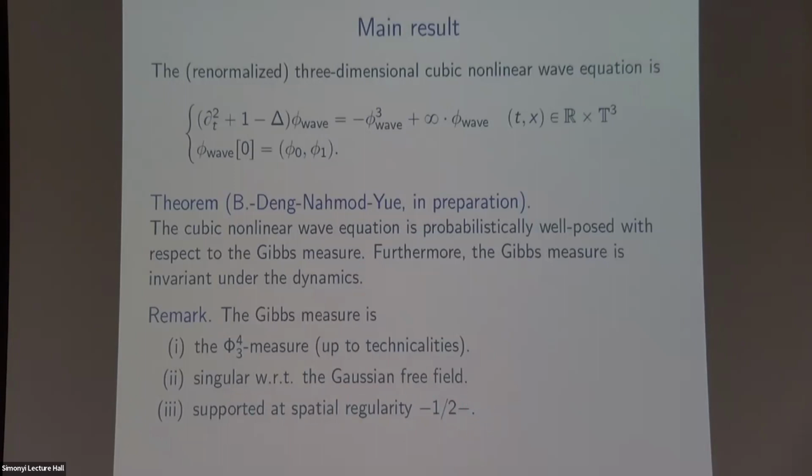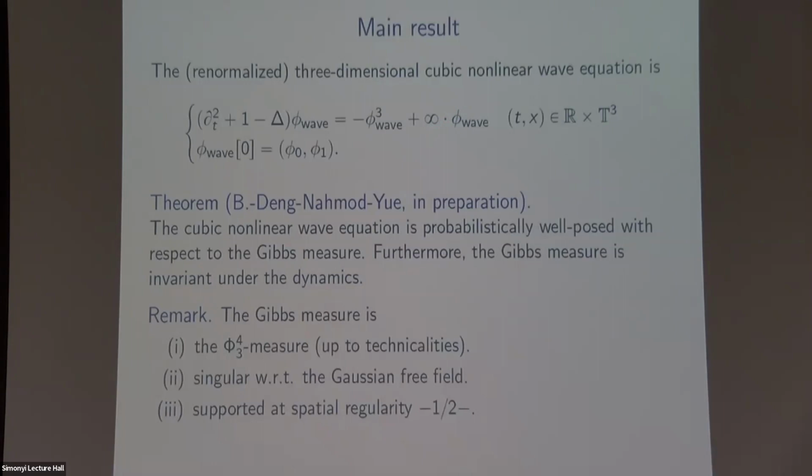So it will not be a function, it will be a distribution with negative regularity. So in particular, you have to come up with what it means to take the cube of something. That's part of the reason why we're looking at infinity here. So you can make sense of it, but you have to subtract something.